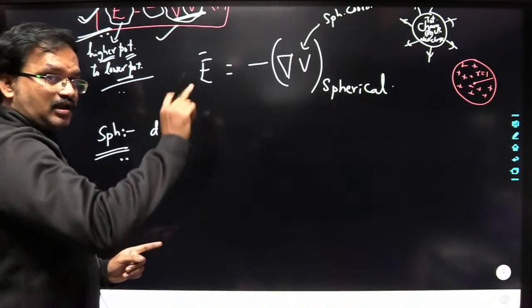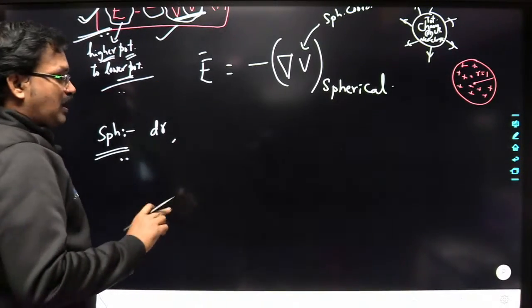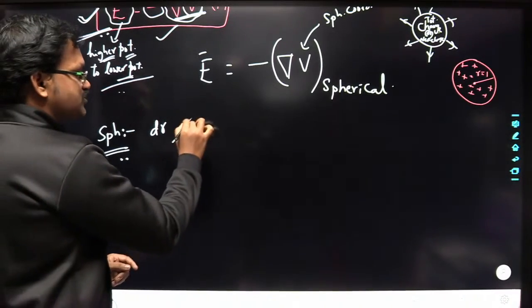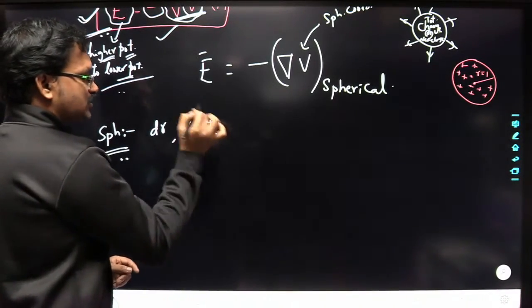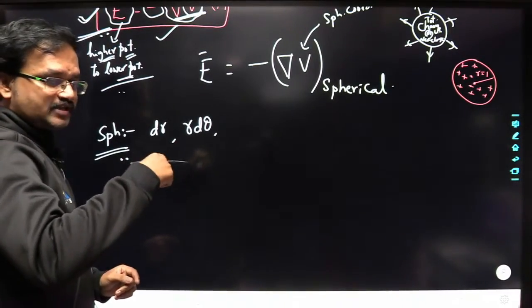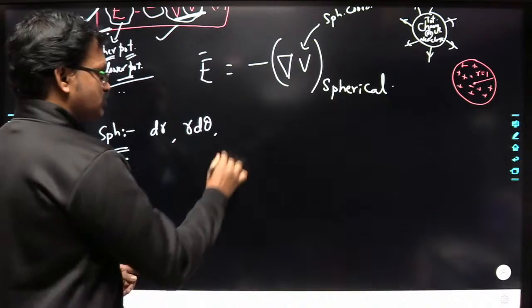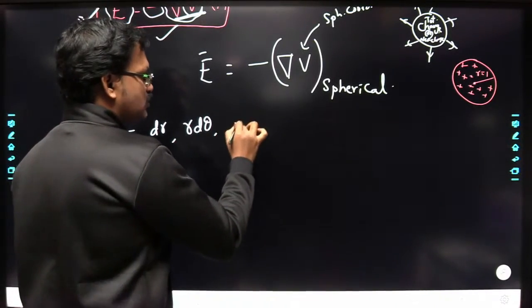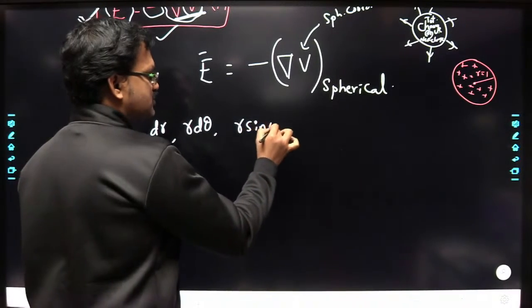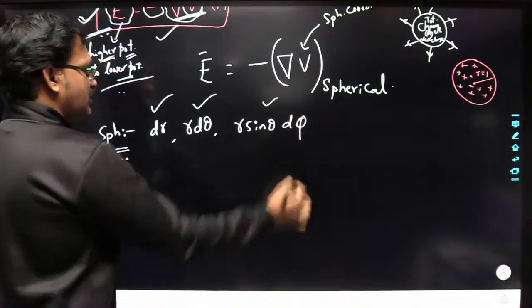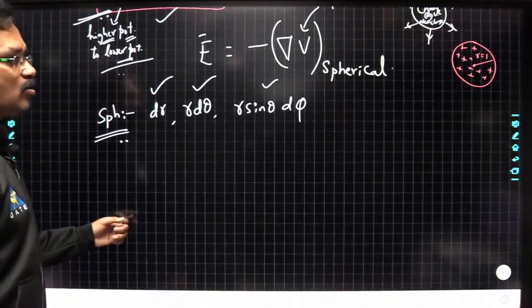The differential length along r is dr. Another one is the differential arc length along theta, which is r d theta. The differential arc length along phi, along the horizontal circle, is rho d phi, and rho is nothing but r sin theta, so you can write it as r sin theta d phi. These are the differential lengths in spherical coordinate system.